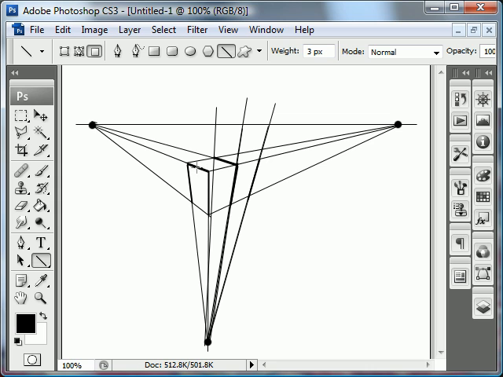So these edges here all go to this left-hand vanishing point. So we know that this top edge is also going to go to our left-hand vanishing point, like this. Okay? So you start to see how this construction happens.